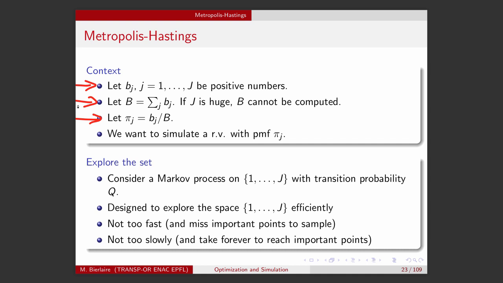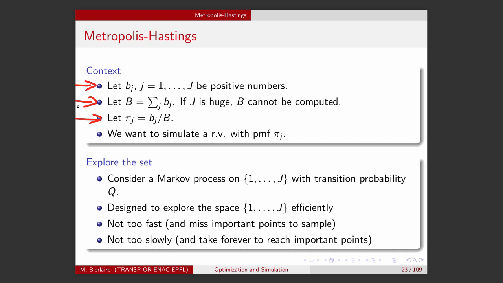So for now, we assume that we have at our disposal a Markov process, which is characterized by the transition probability capital Q. And when I say Markov process, I assume all the assumptions that I mentioned before: homogeneity, aperiodicity, reducibility, and so on. Good.